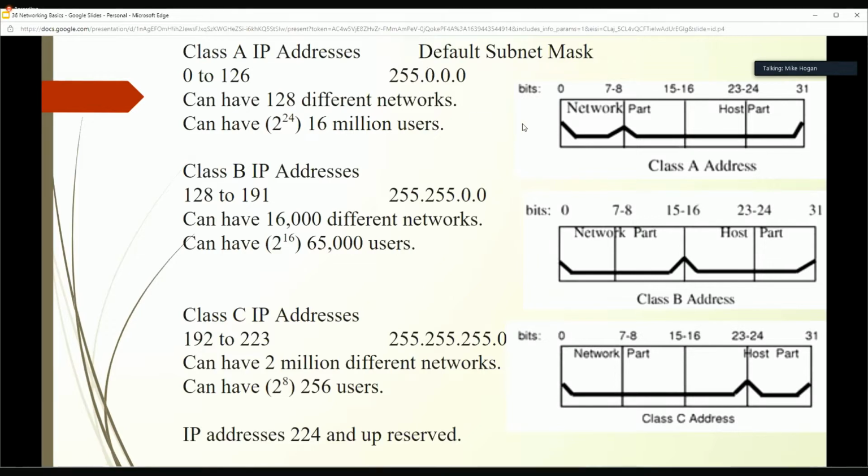So these first 8 bits represent my network. The subnet mask tells me that all the bits where I have zeros represent hosts. And so these other 3 octets, these other 24 bits, are going to represent hosts on the network. So that's a Class A IP address.